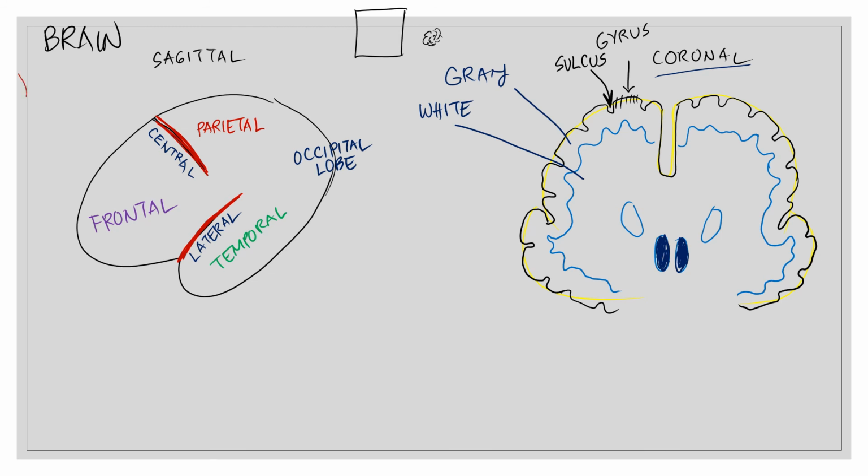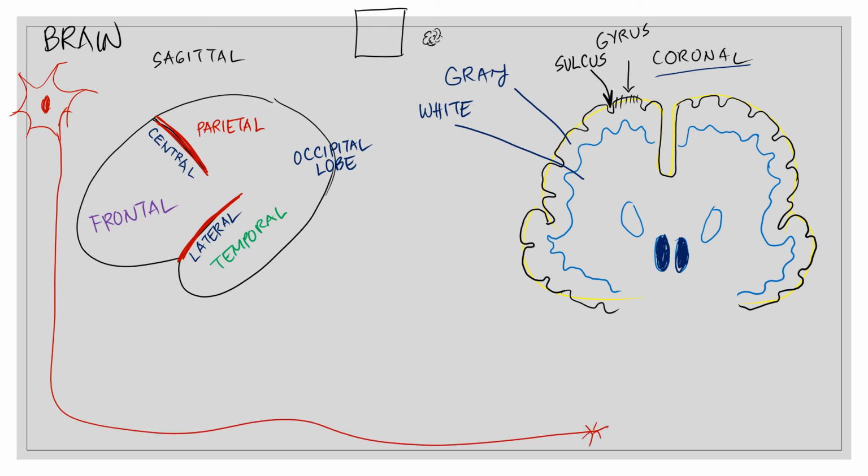It's all because of the basic part of your nervous system, which is your nerve or your neuron. Now, your neuron is basically composed of three parts: your dendrites, your body, and your axon.